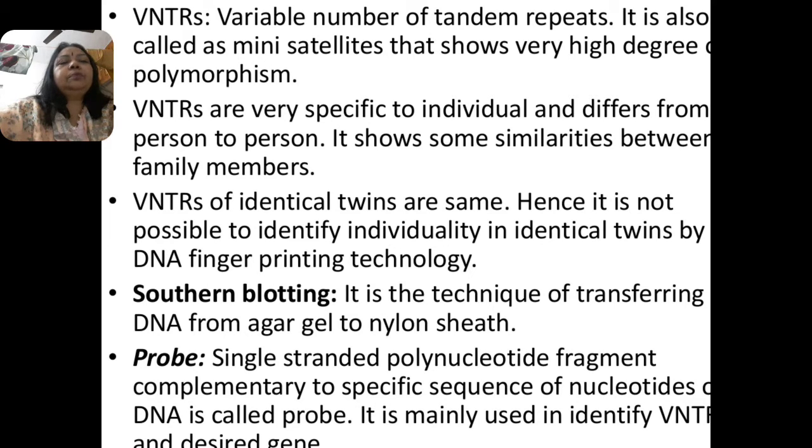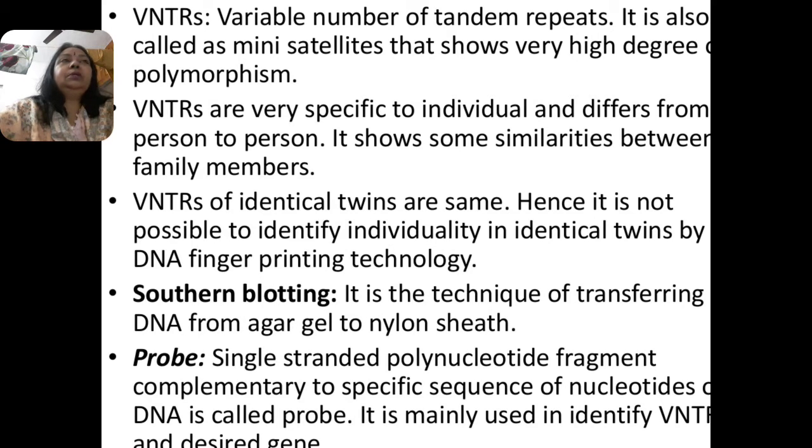They show some similarities between family members, but in identical twins, meaning monozygotic twins, the VNTRs are the same. Hence it is not possible to identify the individual in identical twins by DNA fingerprinting technology.